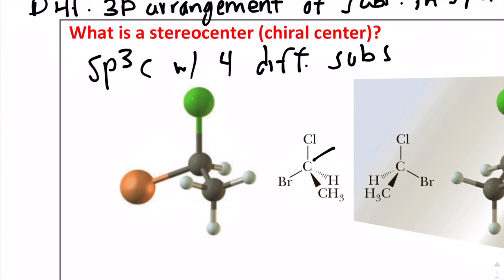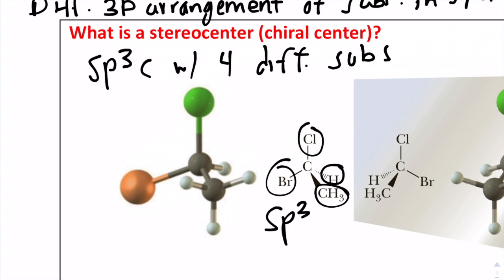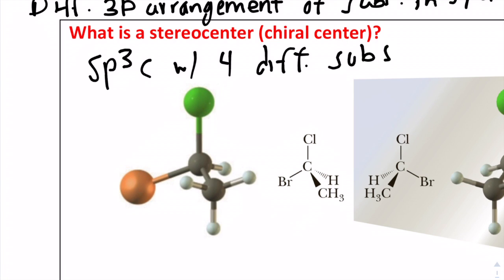Let's look at this molecule over here. On this carbon, we see one area of electron density, the second, the third, and the fourth. So 4 areas we said was definitely an sp3 hybrid, and more specifically, you can see that we have 4 different substituents attached: a chlorine, a bromine, a hydrogen, and a methyl group. So this definitely satisfies all the criteria for a chiral center, and we know this is going to be a stereocenter.